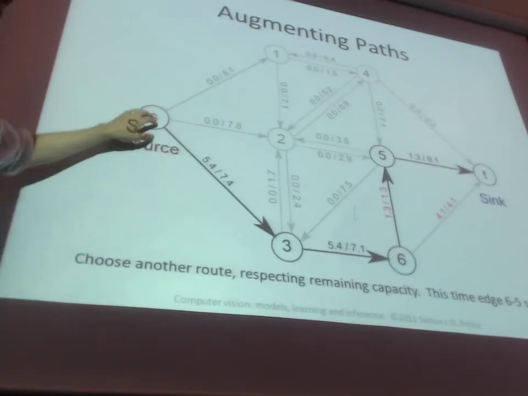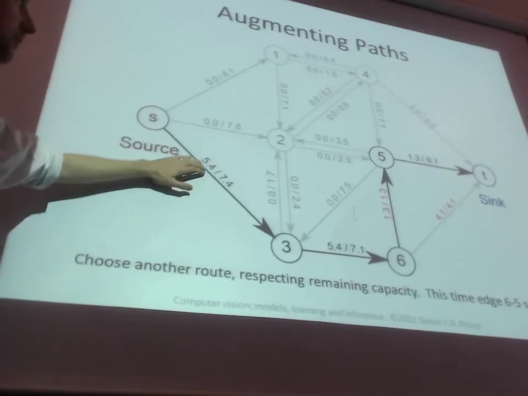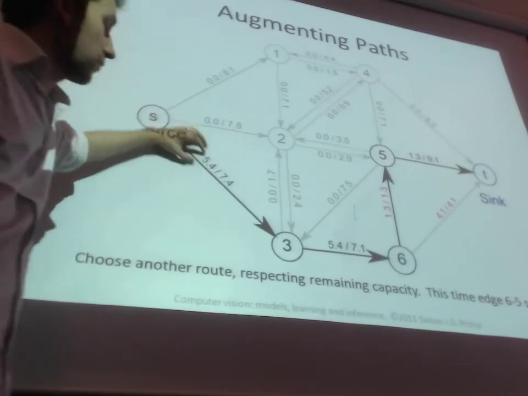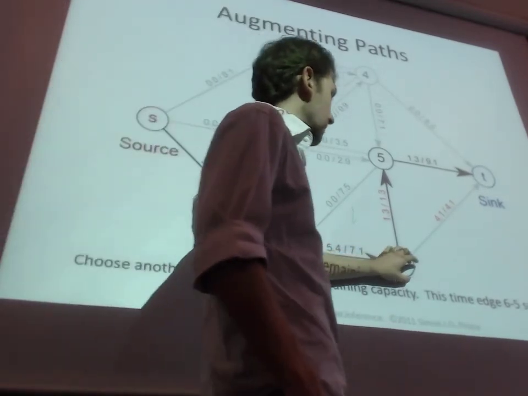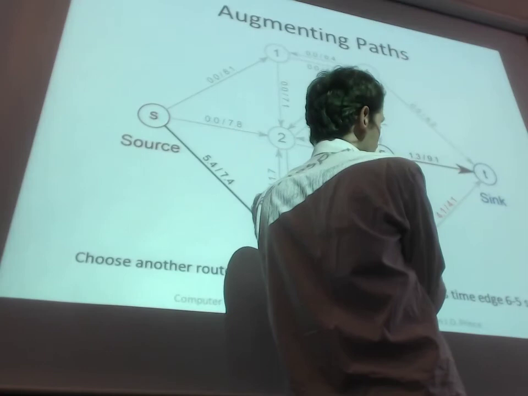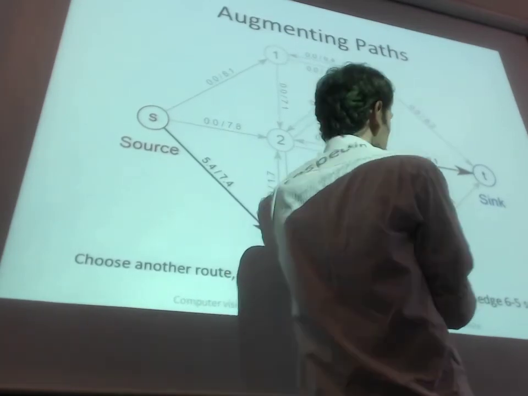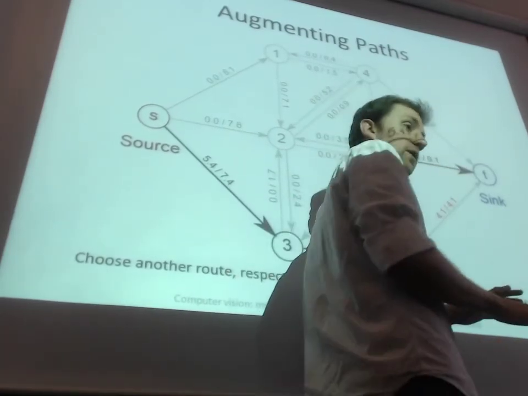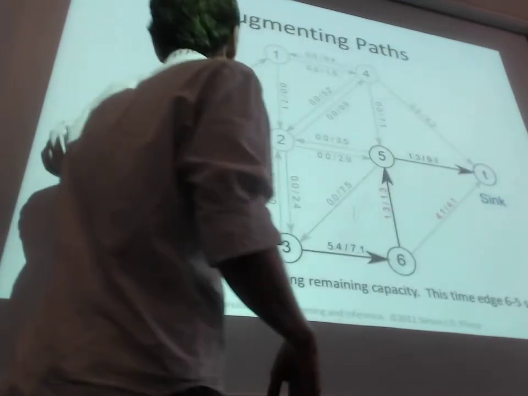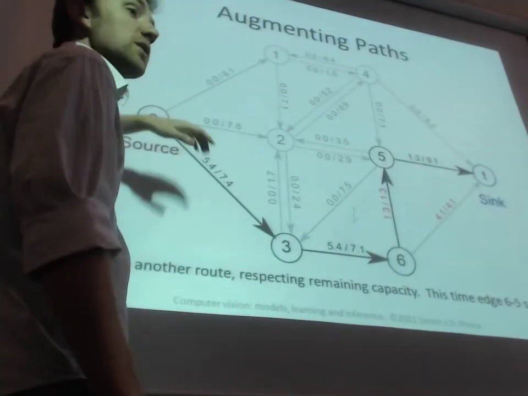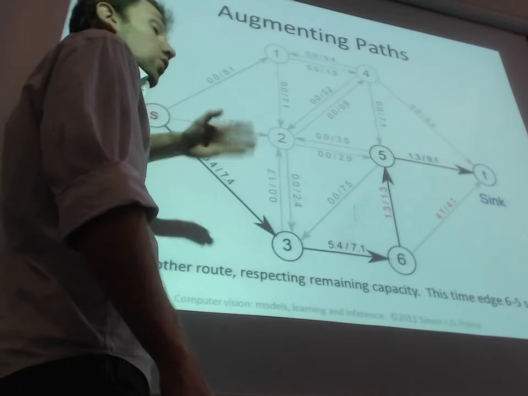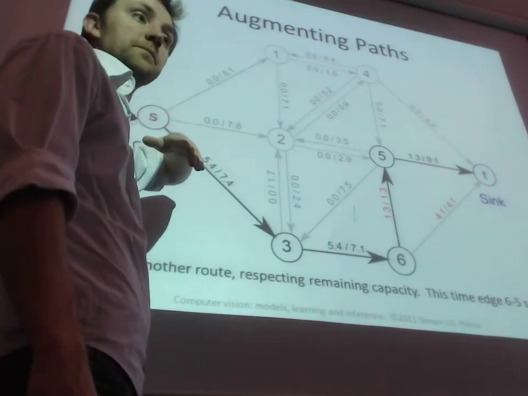So if I turn on 5.4 amount of water, 5.4 will go here, 5.4 will go here, and of the 5.4, some of it will go this way, some of it will go this way. So we're using total 5.4. Now we can keep track of everything that's leaving this node. The goal is we just want to maximize that.